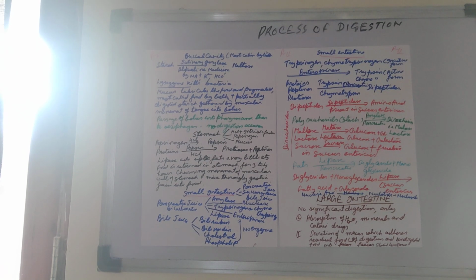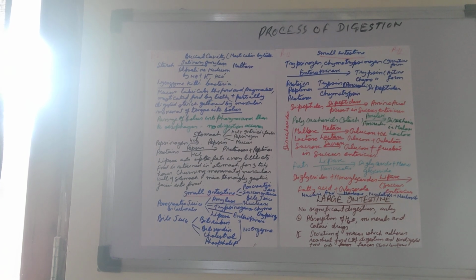So amino acids and monosaccharides are absorbed in the blood capillaries of the small intestine, and fatty acids and glycerol are absorbed by the lacteals, the lymph vessels. From the lymph vessels, these fatty acids and glycerol pass into the bloodstream.